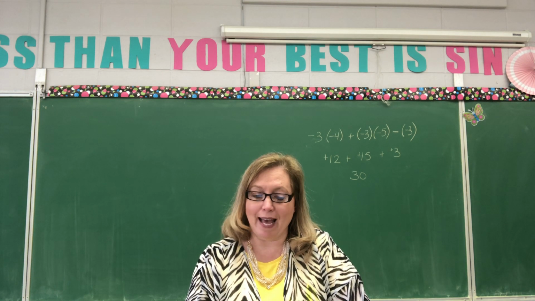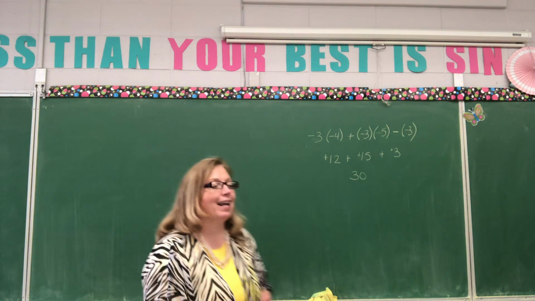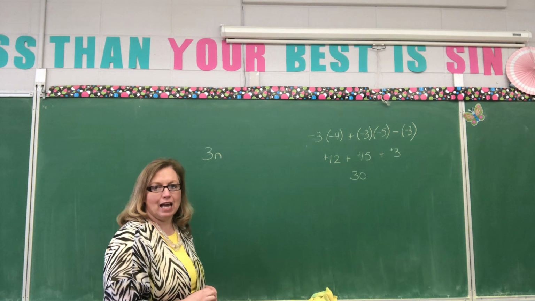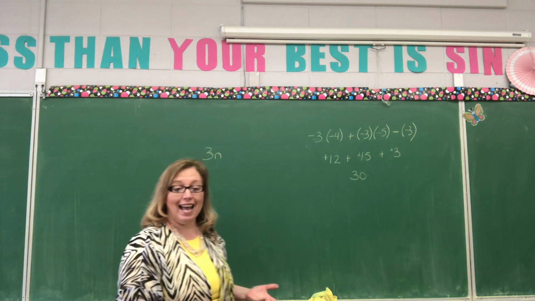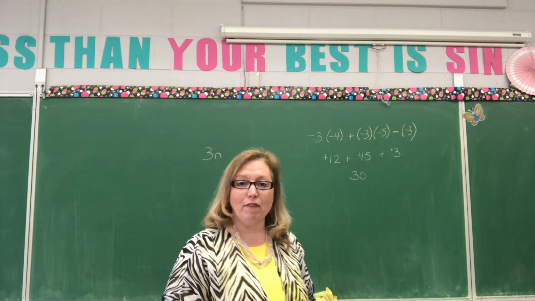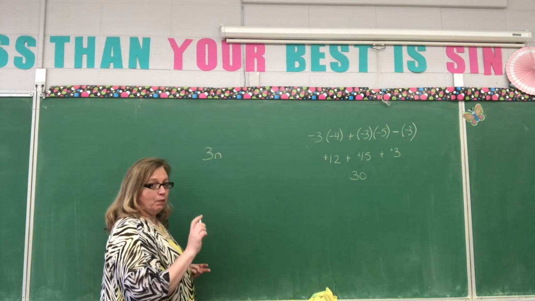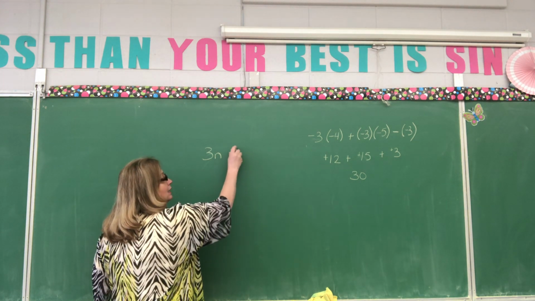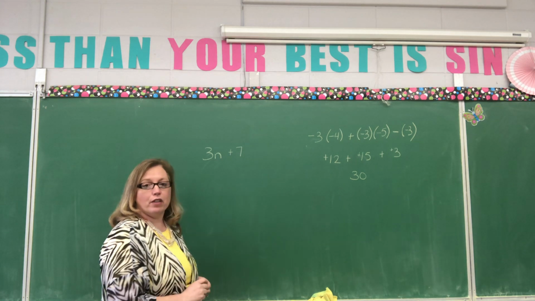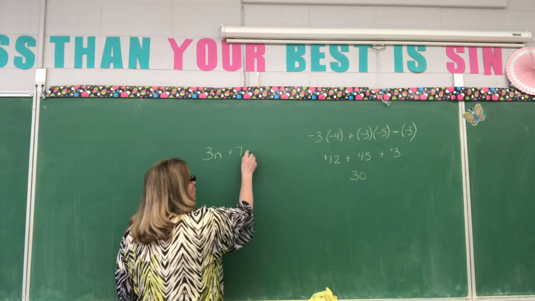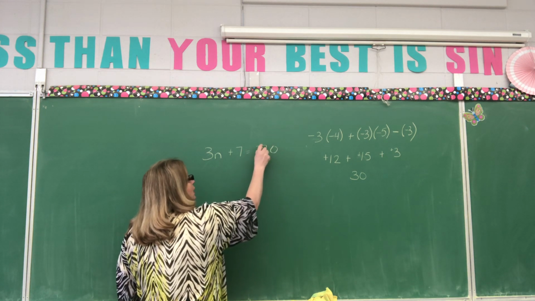That tells me that I'm adding. What am I adding? Well, 3 times a number. So 3n is 3 times a number. And I'm going to add to that 7. Then I have another key word. The word is. Is in math means equals -20.